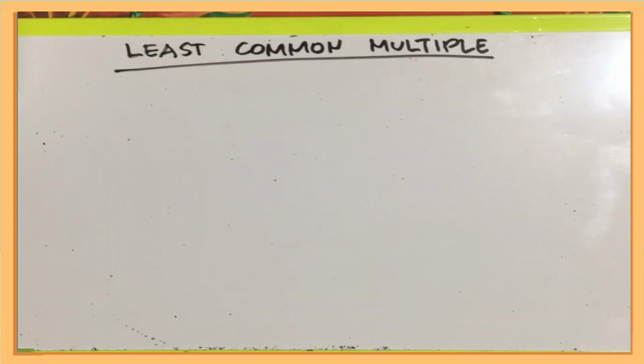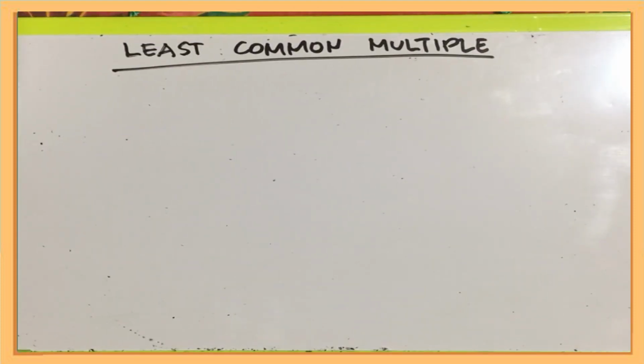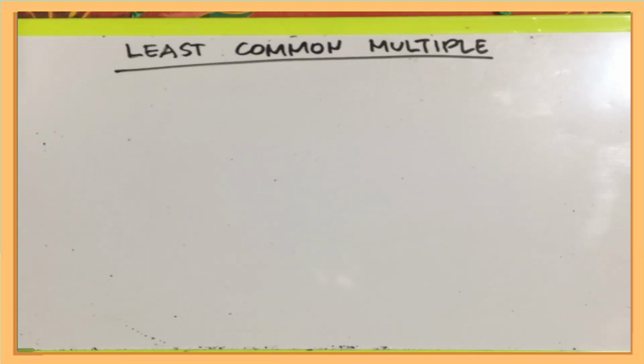Least common multiple. When we say multiple, this is a number that is a product of a certain number and 1, 2, 3, 4, or any number that we want.